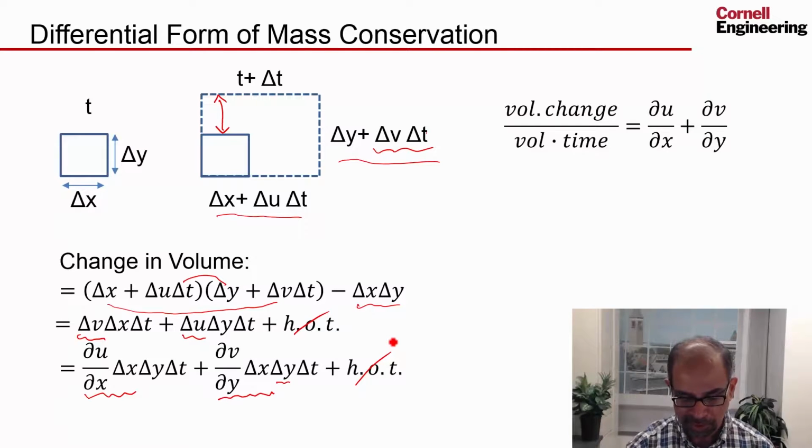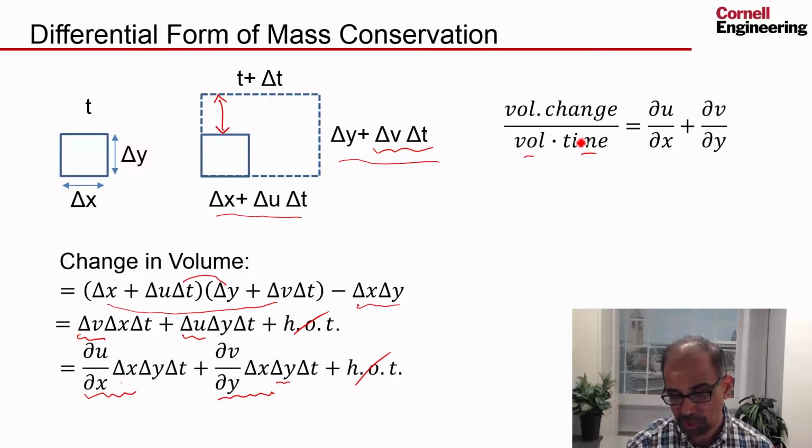So now if I take the volume change and divide it by delta x delta y, which is the original volume, and divide it by delta t, which is the time increment, what am I left with? I'm dividing this whole thing through by delta x delta y delta t, and the left hand side then becomes volume change per unit time.